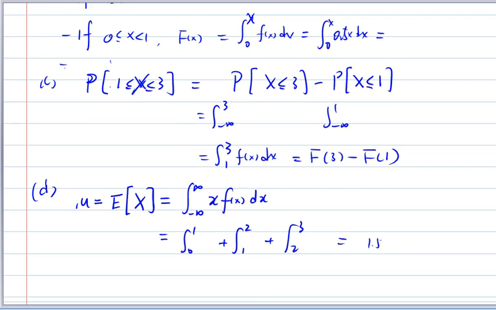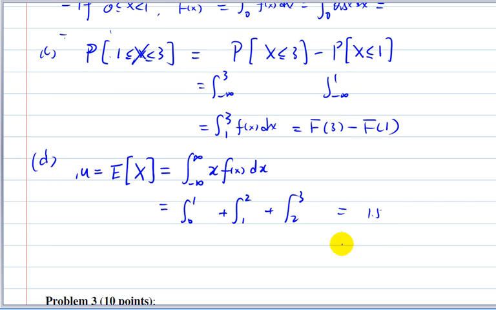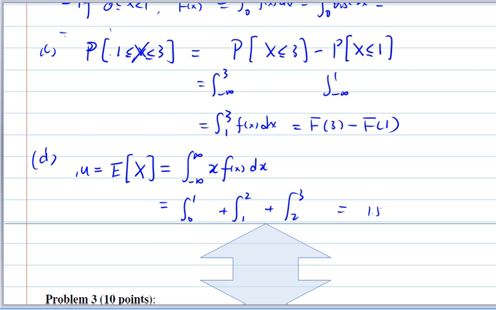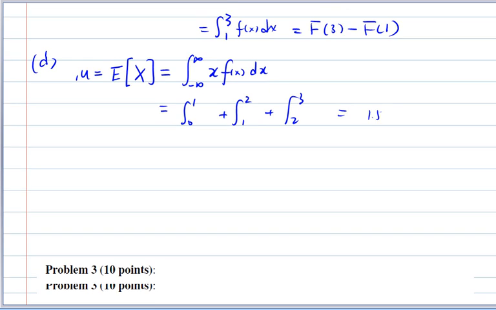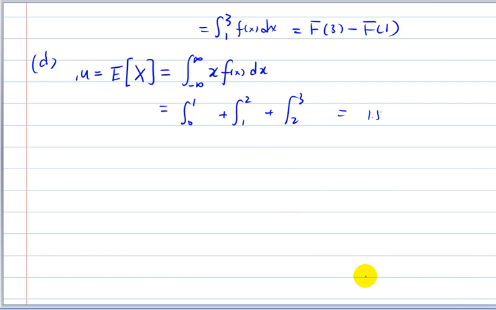Now let me show you another way of understanding this problem. Let's say I have a piece of wire from 0 to 3. I'm going to consider this f of x.